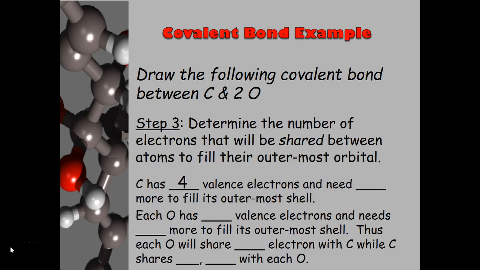So carbon's got 4. We established that it needs 4 more. Oxygen has 6. In order to get it to 8, that means it's going to need 2 additional electrons to fill its outer shell. So what ends up happening is that oxygen is going to share 2 of its electrons now with carbon. Well, carbon shares a total of 4, but 2 with each.